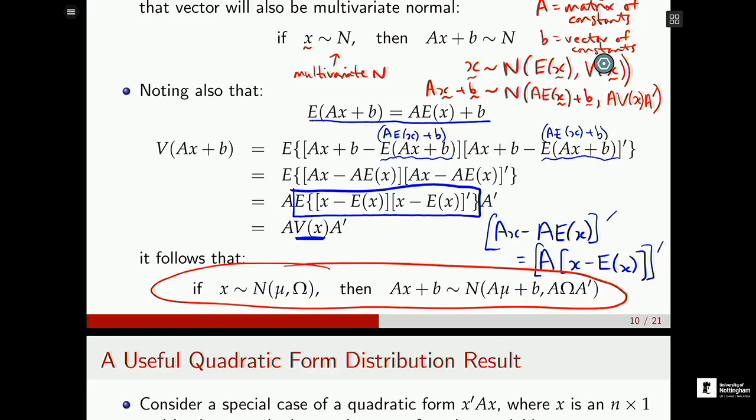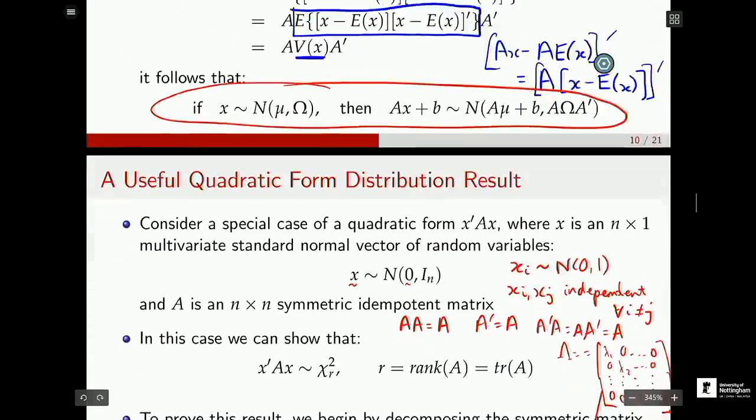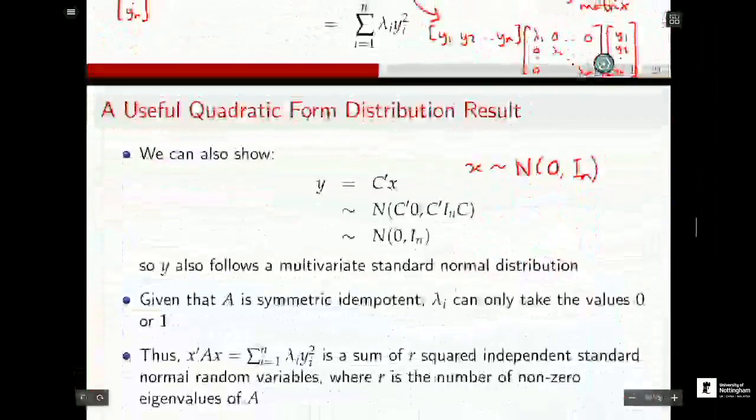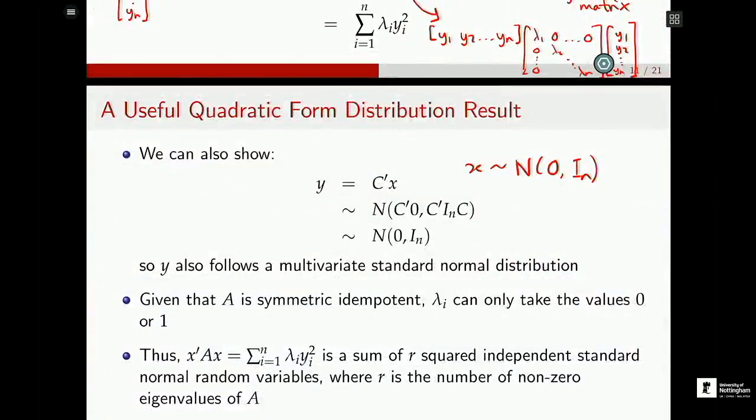The mean gets pre-multiplied by this matrix. The variance covariance, as we said before, gets hit twice, pre-multiplied by the matrix, post-multiplied by the transpose. So here we're going to have the same sort of idea. We start with normal 0, I, pre-multiplied by C transpose. So the mean, which was 0, gets hit by C transpose at the front, but that's still going to be 0.